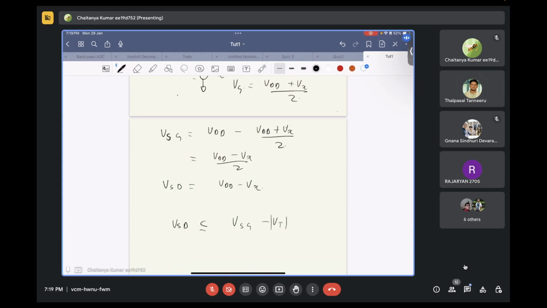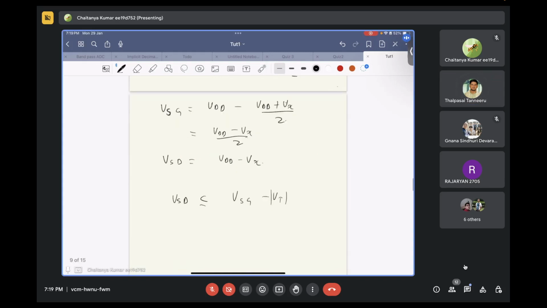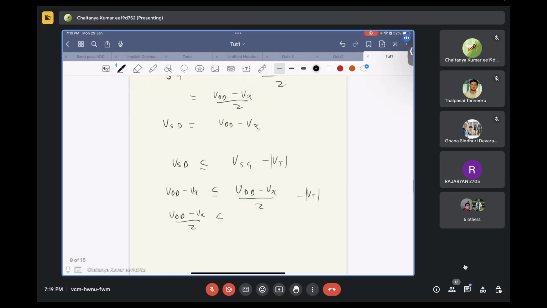Okay, so let's plug in the values. VDD minus Vx less than or equal to VDD minus Vx by 2 minus modulus of Vt. That means VDD minus Vx by 2 must be less than or equal to modulus of Vt.